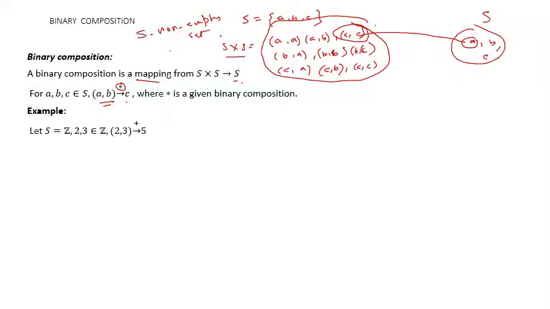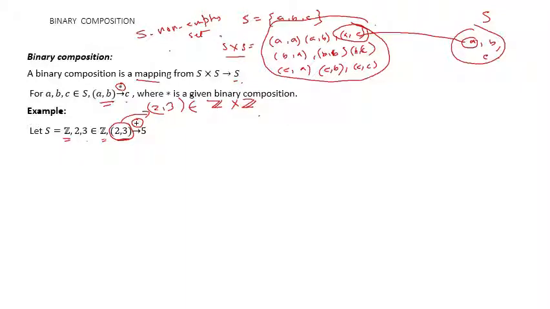Best example, simple example is addition. Say S is Z, which is the set of all integers, and 2, 3 are elements of Z. So this particular element (2, 3), which is basically called Cartesian product, it's an ordered tuple. এই যে এলিমেন্টটা (2, 3), now therefore (2, 3) belongs to Z cross Z, right?